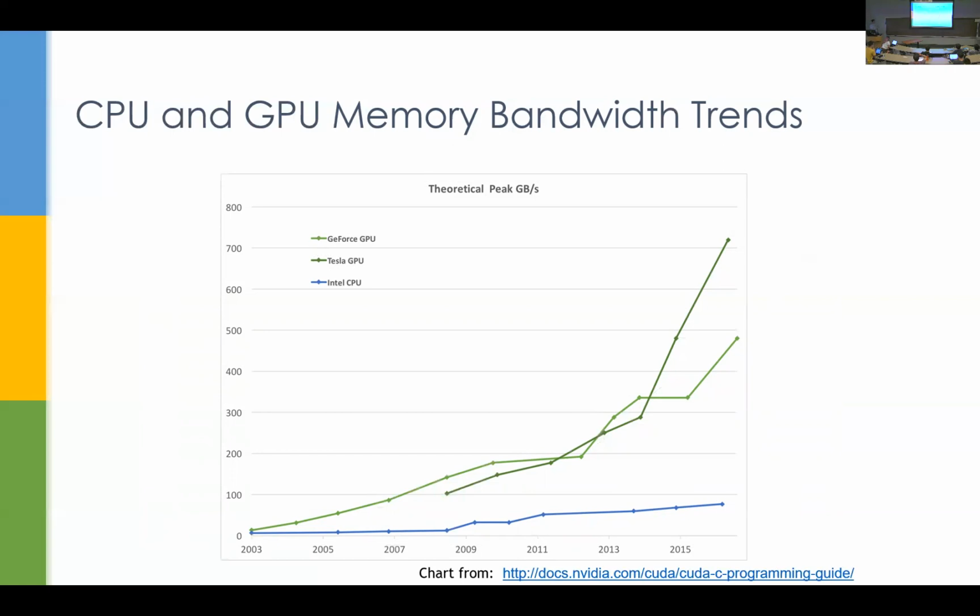Whereas Intel is going to read your DDR3, DDR4 RAM, right? So that's on a much lower level. It's much slower. So all that goes to say is GPUs have both faster bandwidth and more compute capability, and you want to take advantage of that. Whereas CPUs, and we'll see this in the next slides, are much more general purpose.